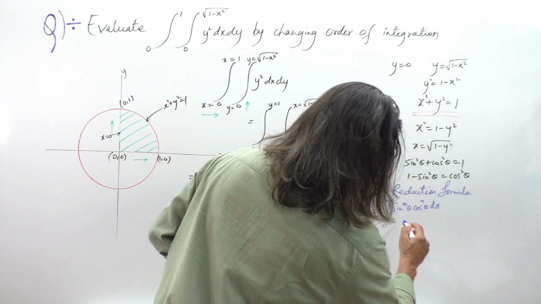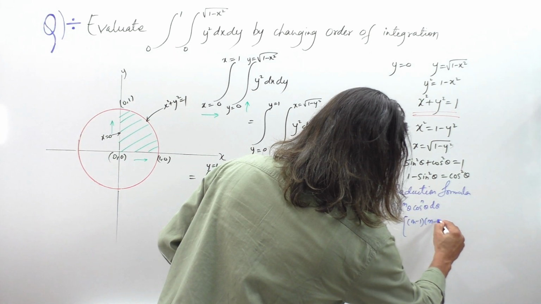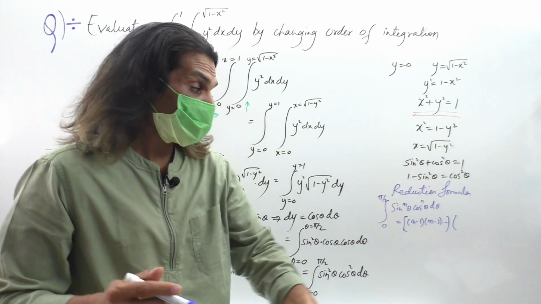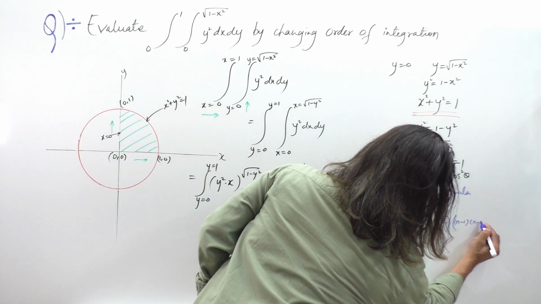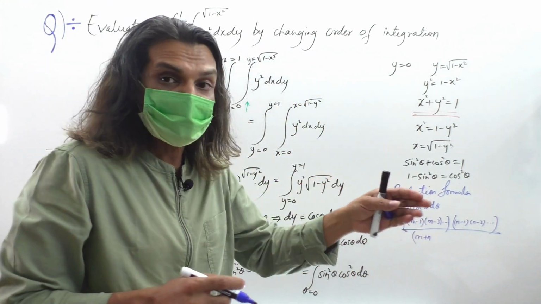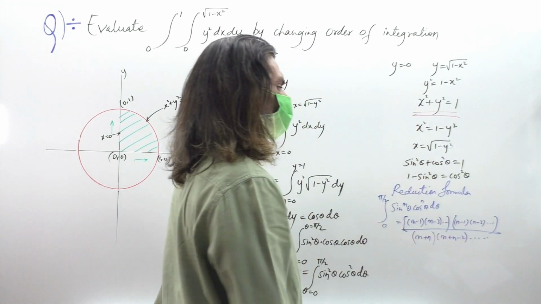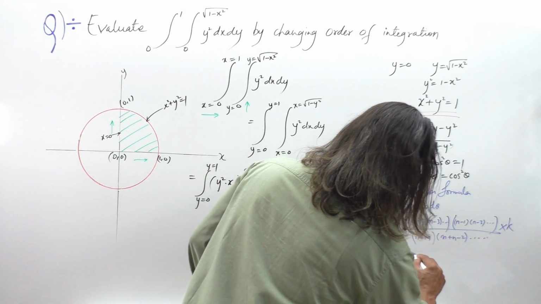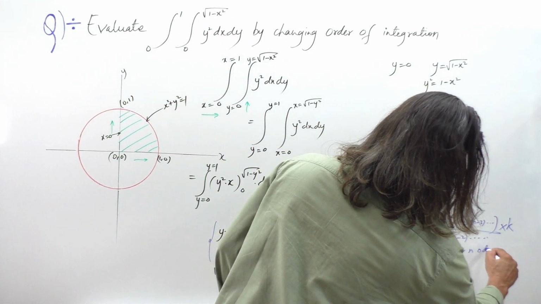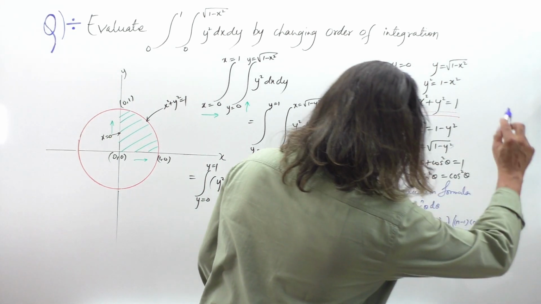This is equal to the bracket m minus 1, m minus 3, m minus 5, and so on, into the bracket n minus 1, n minus 3, and so on, upon m plus n, m plus n minus 2, m plus n minus 4, and so on, into a factor k. k is equal to 1 if m or n is odd, and k is equal to pi by 2 if m and n are both even.